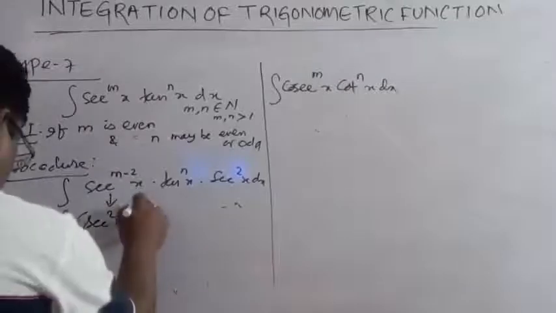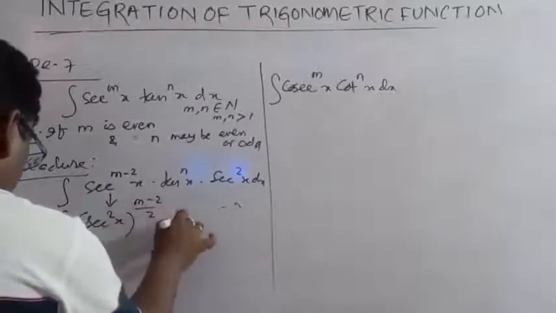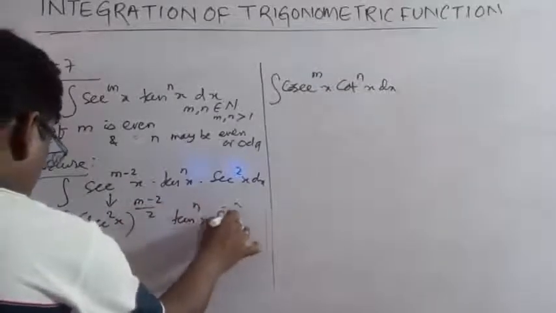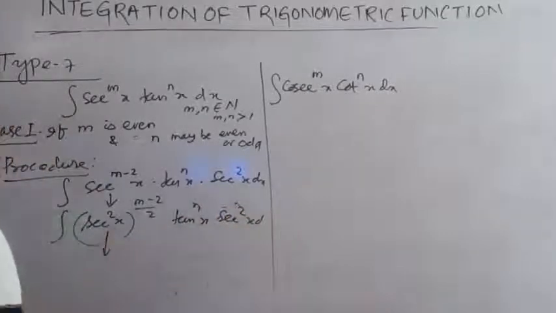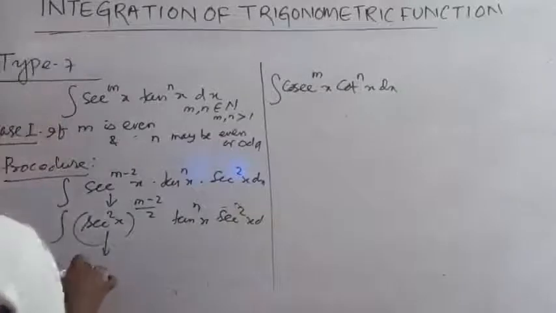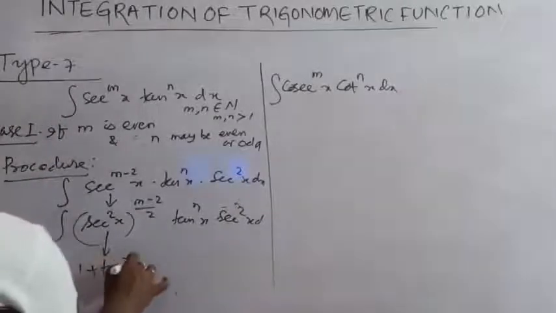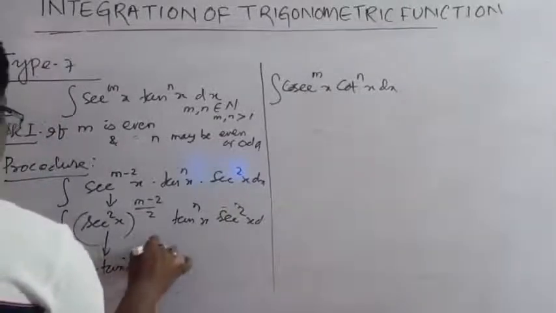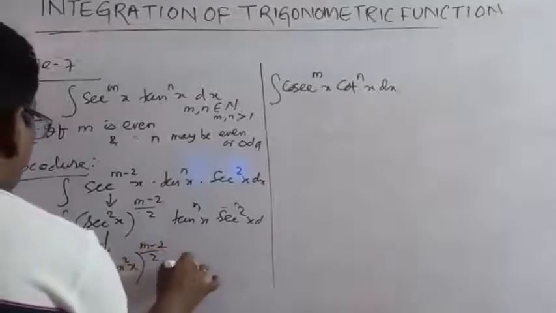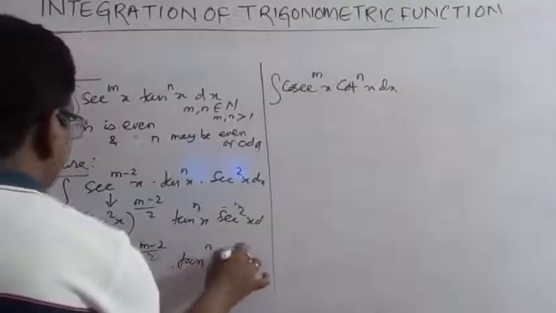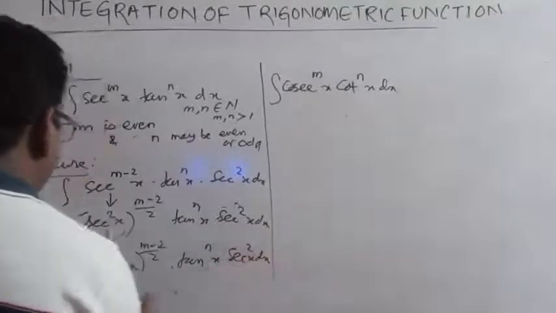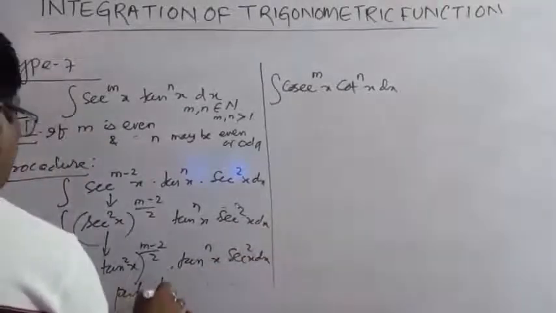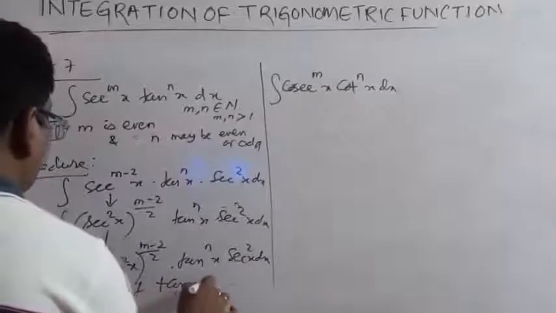This is sec square x to the power m minus 2 by 2, tan nx into sec square x dx, and use here sec square x equal to 1 plus tan square x. So 1 plus tan square x to the power m minus 2 by 2, and tan nx into sec square x dx. Then put tan x equal to t.